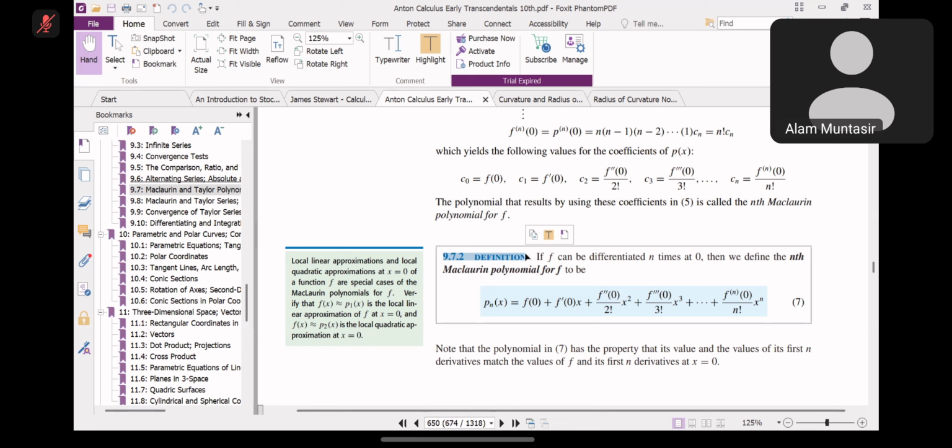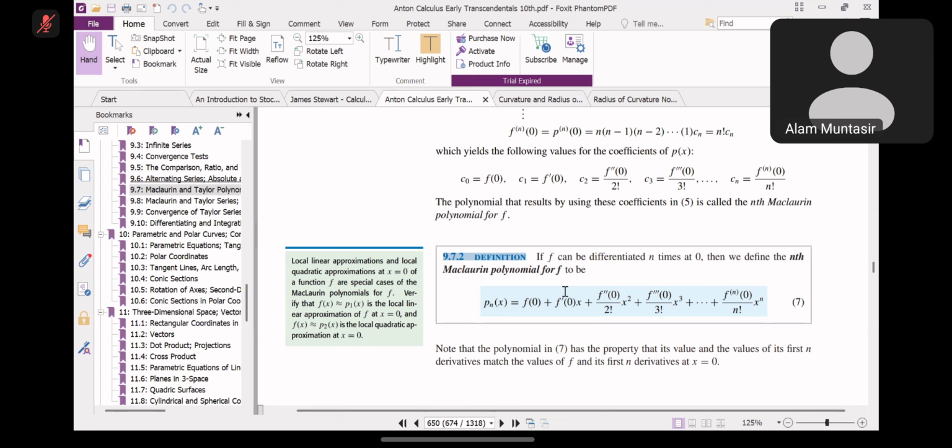So if your given function is e to the power x, then f will be replaced by e to the power x and the remaining part will remain the same. This is the required formula for Maclaurin polynomial for any given function of degree n.